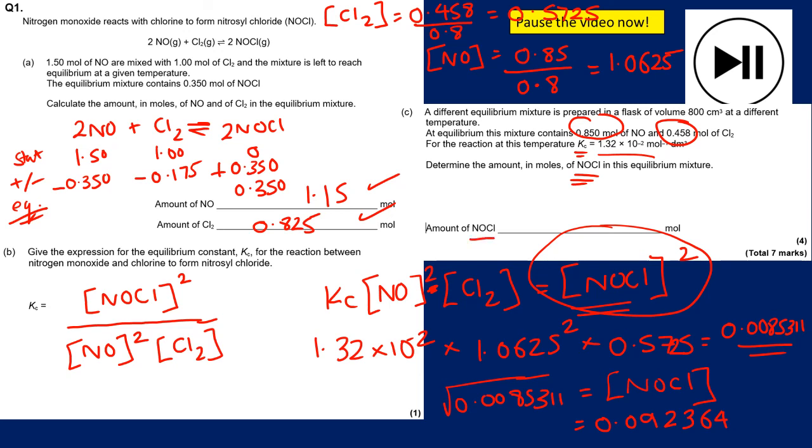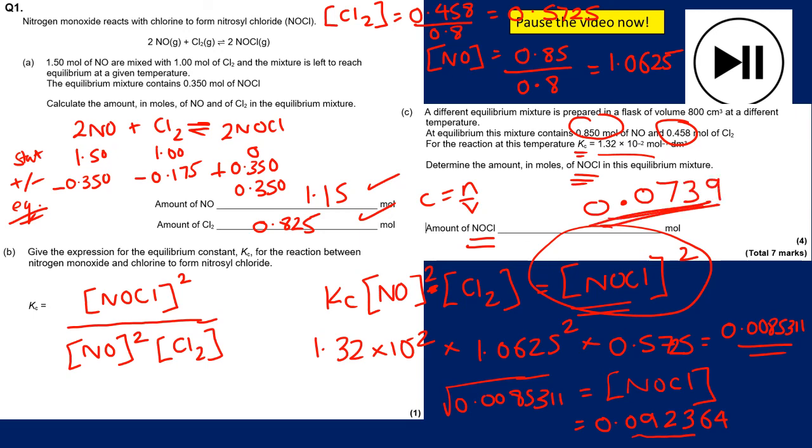I've been asked for the amount of moles, and using our expression, concentration is moles over volume. So moles is concentration times volume. So I'm going to times this concentration by the volume, which is 0.8. And I end up with a value here of 0.0739.